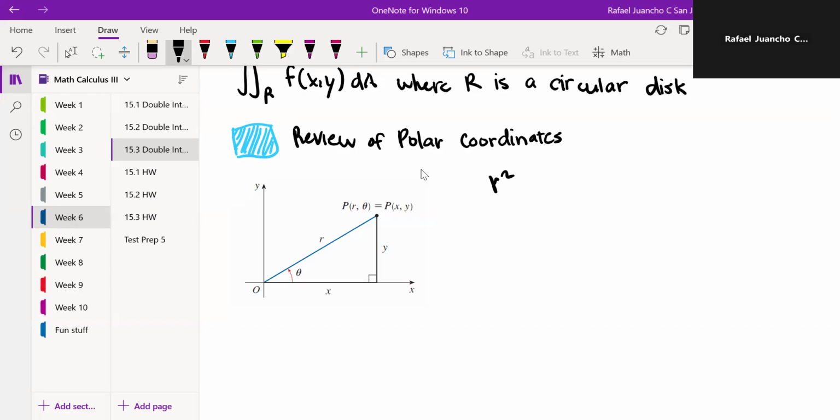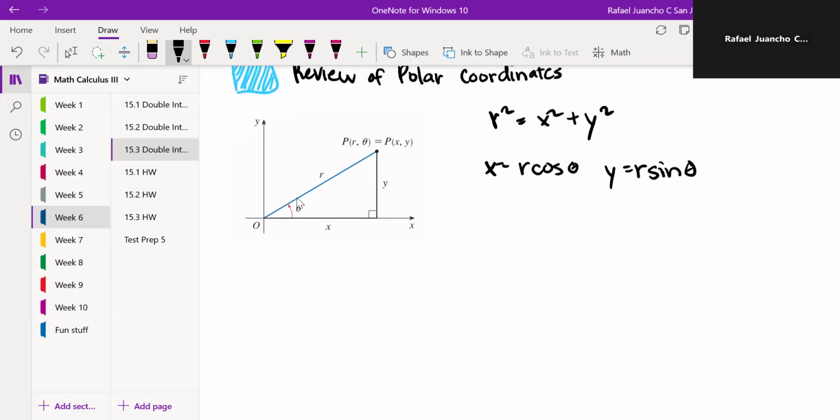We have r squared is x squared plus y squared, as this is our radius. And then we also say that x is r cosine theta and y is r sine theta. This is a pre-calculus thing.